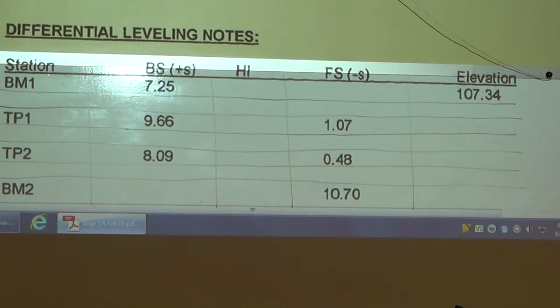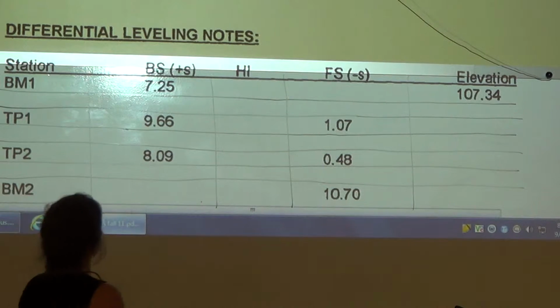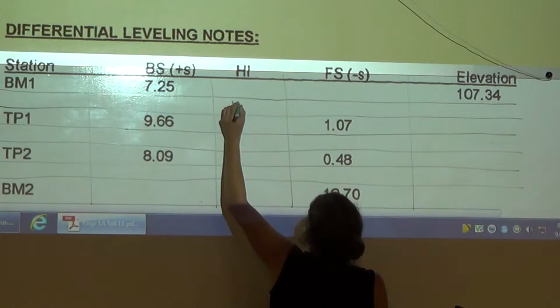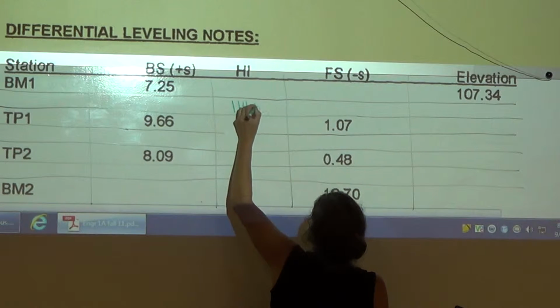So wait, don't write it down yet, because I want to set it up. I have the numbers here, so I don't have to keep using the calculator. So it's 114.59. Look at where I'm writing it. 114.59.